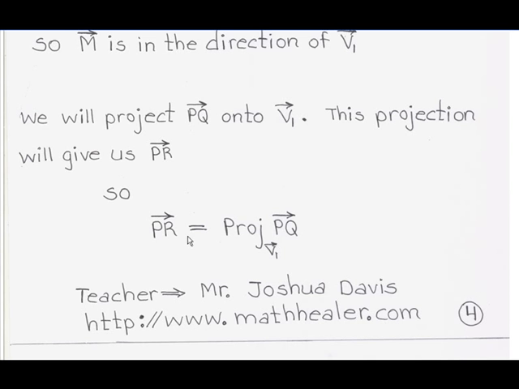So here is what we know. We know that vector PR is equal to the projection of vector PQ onto vector V1.